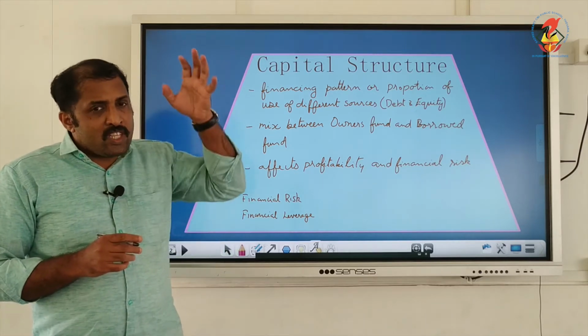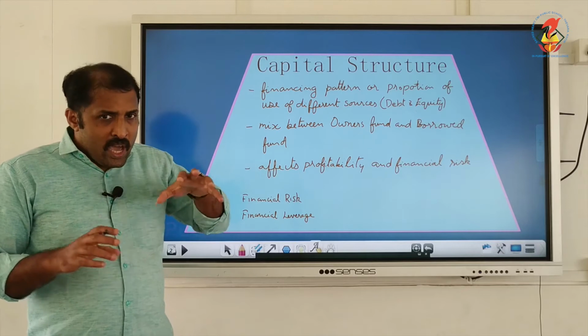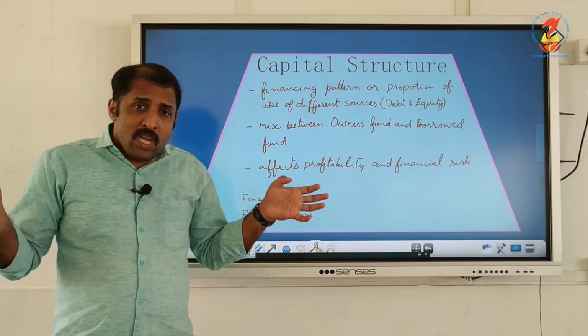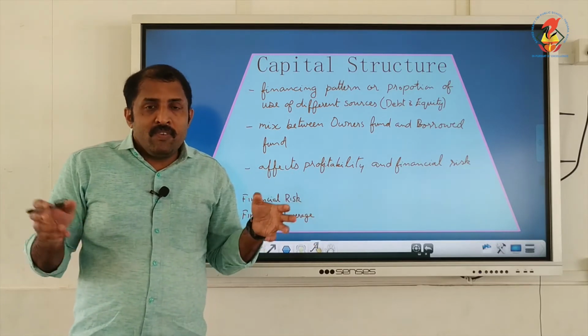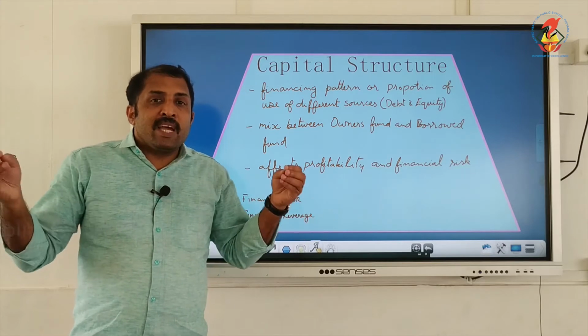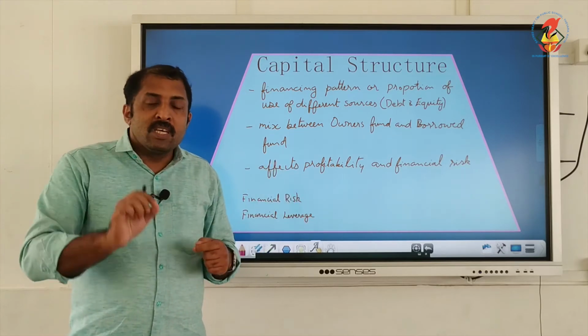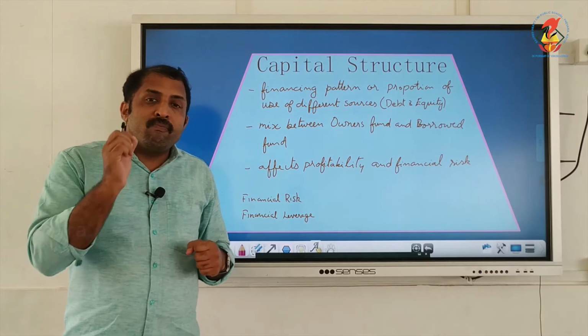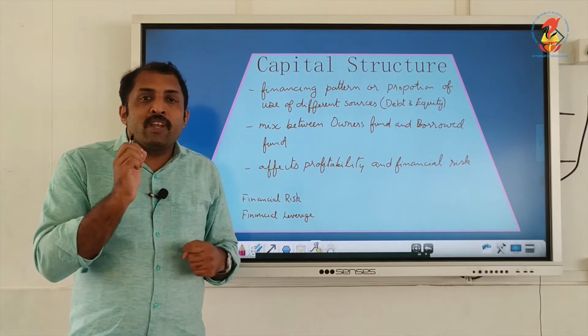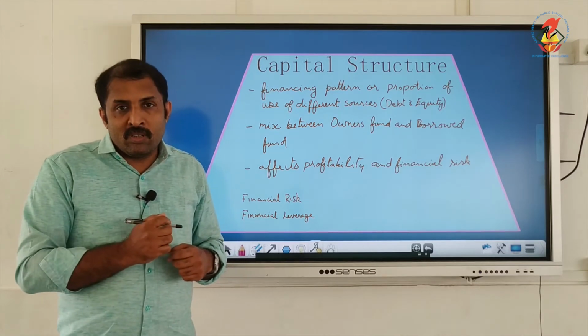There is a risk, that is, fixed financial charges. And if we are not having enough return, if we are not having enough cash inflow, there is a chance that we may fail to honor that financial obligation.